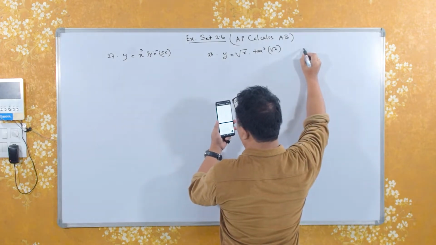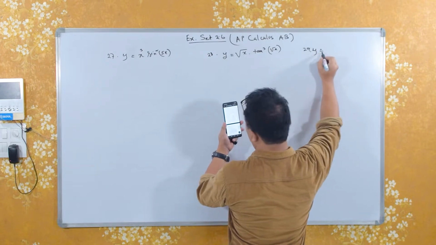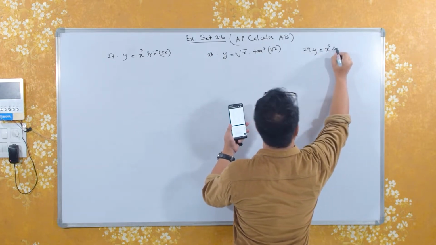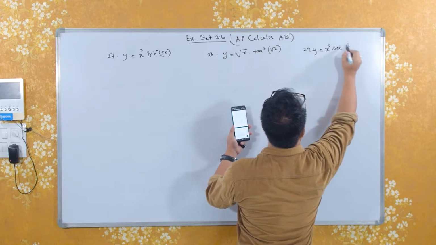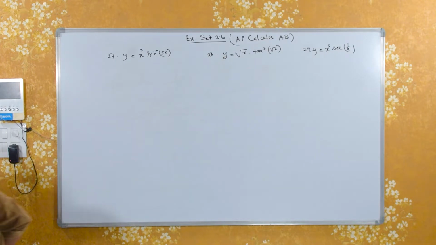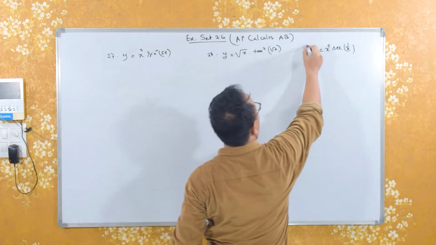And 29 is y equals x raised to 5 sec of 1 by x. I will solve these 3 questions.